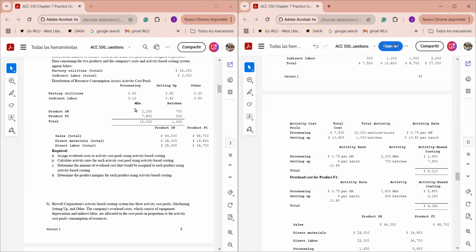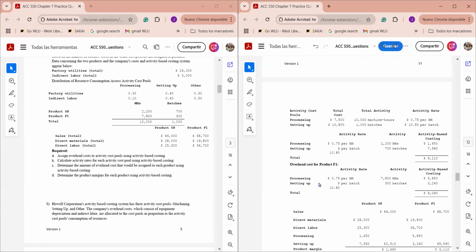Then we take our product S8 machine hours and the batches. So here, and if you multiply those, that's going to give us our activity-based costing for processing and for setting up, and then if you sum them up, that's going to be our total for each product.